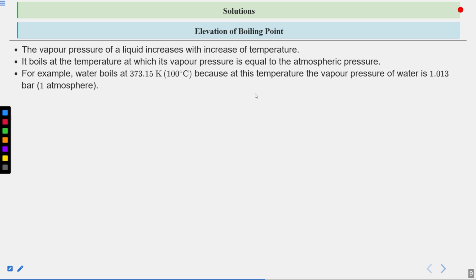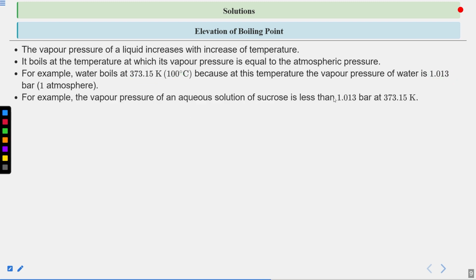You will get the idea very clearly when I show you the graph. Suppose, for example, water boils at 373.15 Kelvin, which is 100 degrees Celsius, and this happens at 1 bar pressure. So this boiling point is only valid at atmospheric pressure. If you do the same thing at a different pressure, then you won't get boiling at the same temperature.